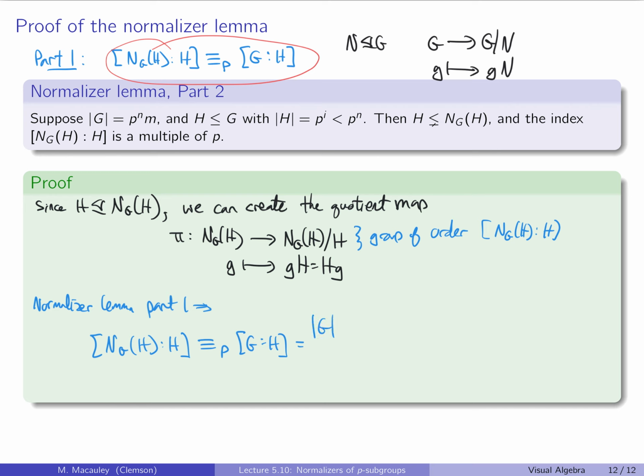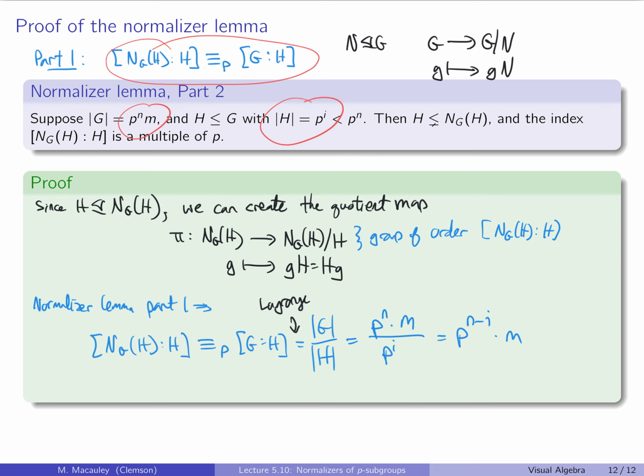So this is the size of G over the size of H. And again, that's just Lagrange. And now what can we say? This is p to the n times m. That's an assumption. And remember, the size of H is a smaller power of p. So this is p to the i. And so this is p to the n minus i times m. And since i is less than n, this is a multiple of p.